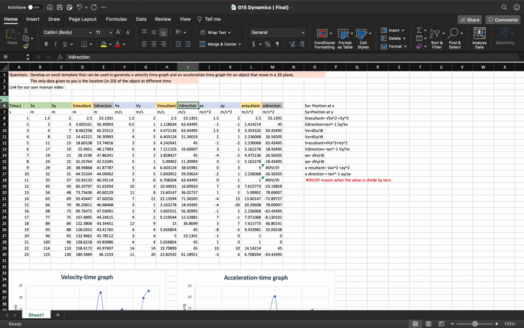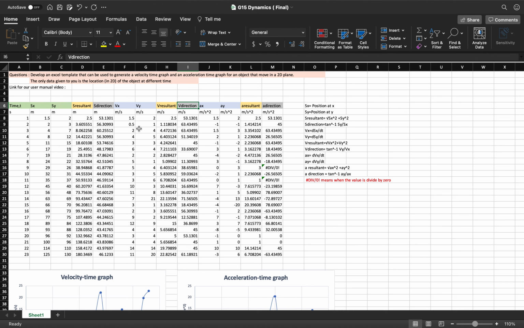After we constructed these values, we can calculate the resultant position of the object using the Pythagoras theorem, which is the square root of Sx squared plus Sy squared. So how are we going to calculate the resultant position of the object in Excel?